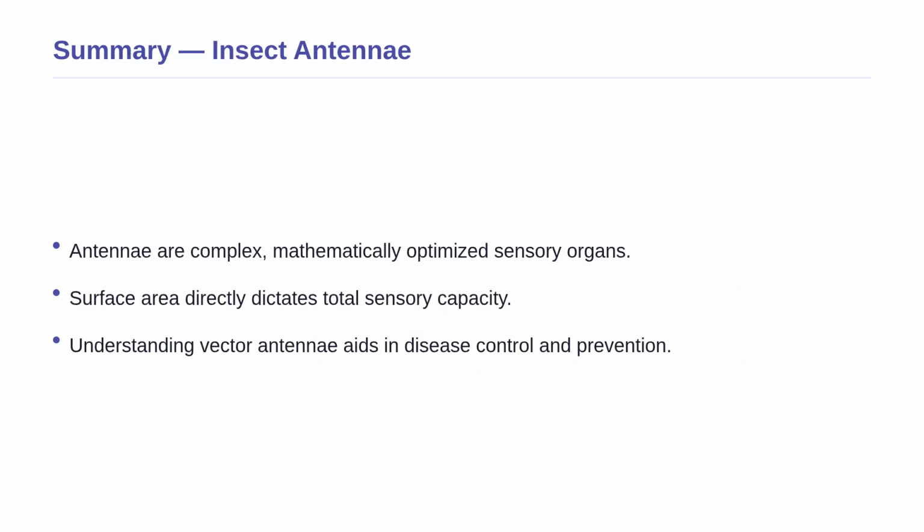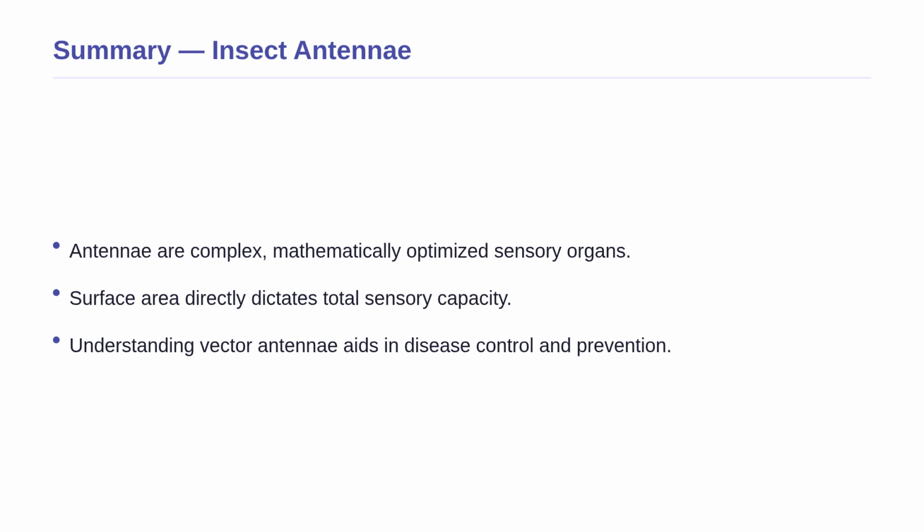We have covered a lot of ground today, so let us reinforce the most important ideas. First, insect antennae are far more than simple feelers. They are highly diverse, mathematically optimized sensory organs divided into the scape, pedicel, and flagellum.